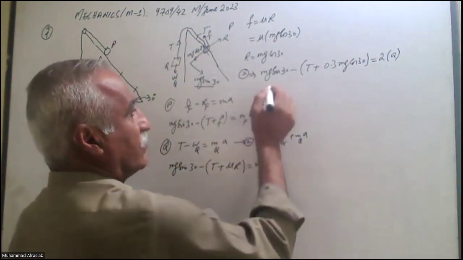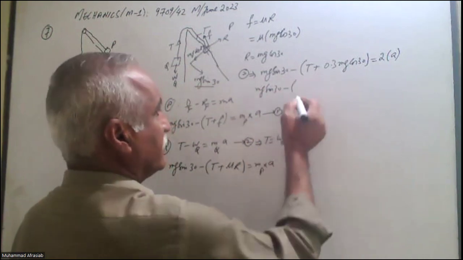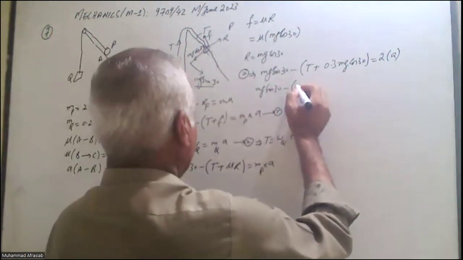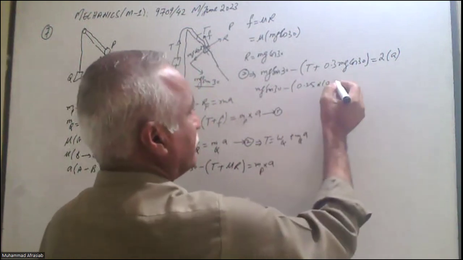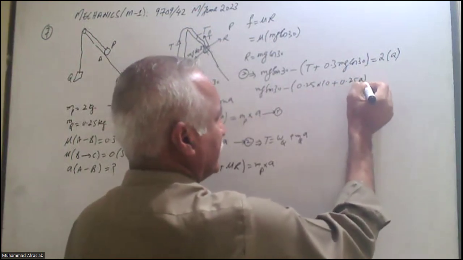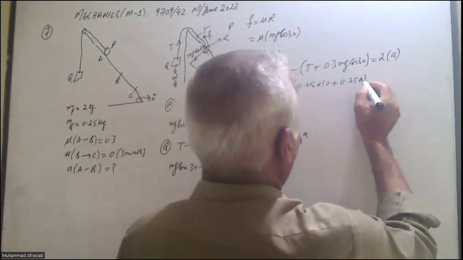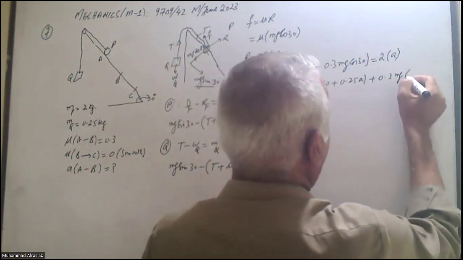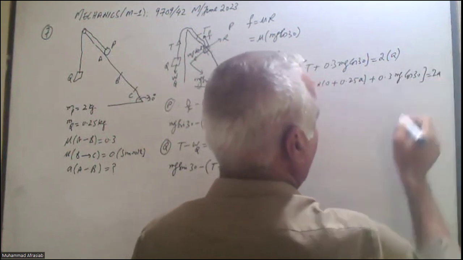So we can put this into the equation: mg sin 30 minus tension, where the mass of Q is 0.25 kg, so that is 0.25 into 10 plus 0.25 into acceleration a, plus 0.3 mg cos 30, should be equal to 2a.